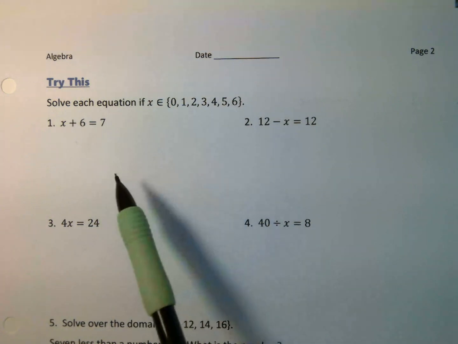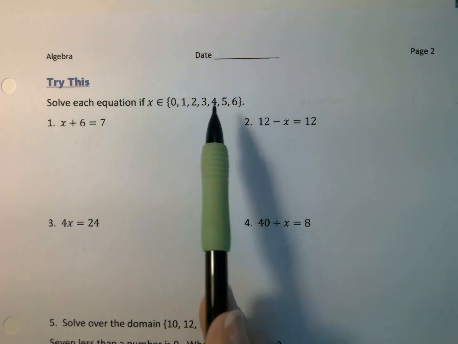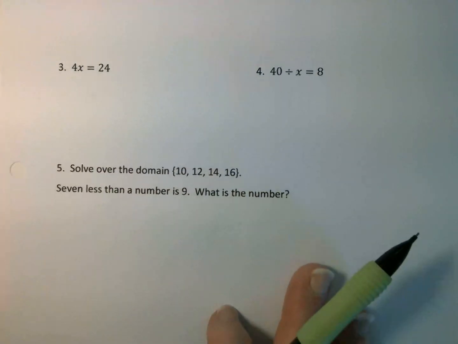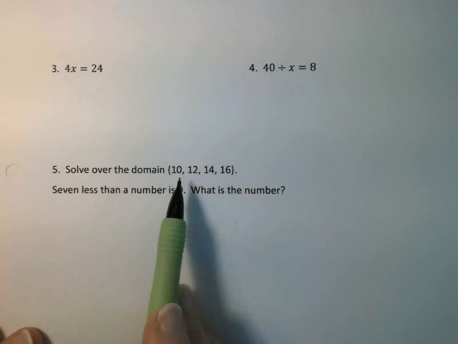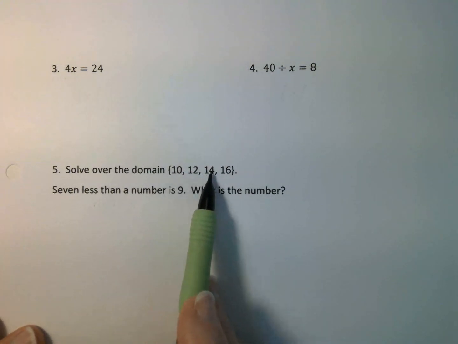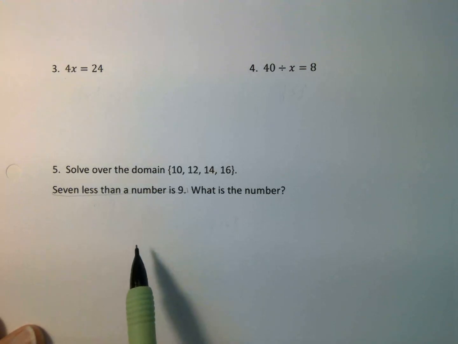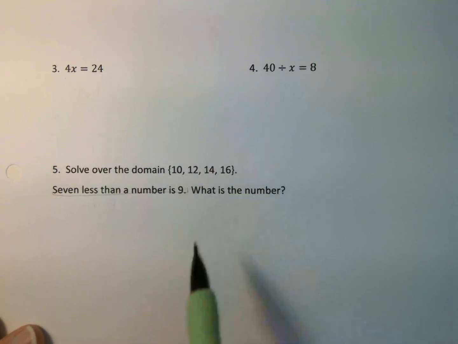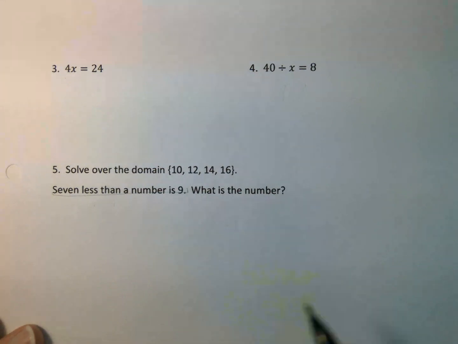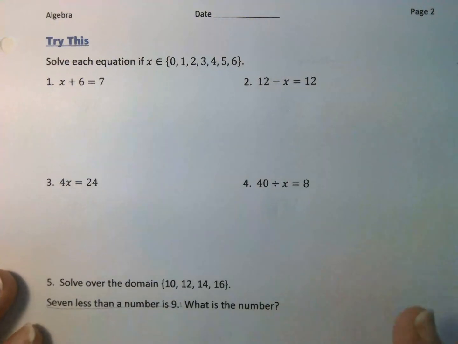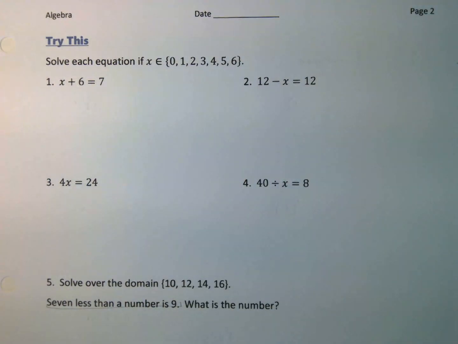Make sure you write your solution set using braces. For number 5, they give you the domain of 10, 12, 14, and 16. You need to write the equation, so just translate that sentence to get your equation. Plug in your 4 numbers to see what solutions you get. Show all of your work on this paper, and then you're going to put your solutions into the Google form.